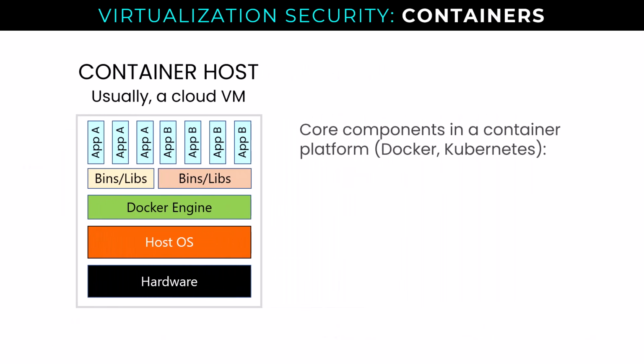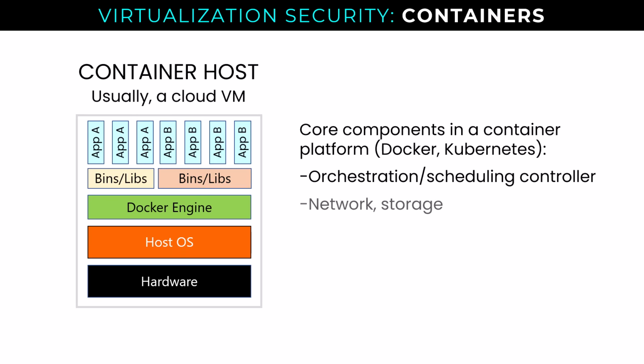And to unpack that just a bit further, the core components in a container platform like Docker or Kubernetes will include orchestration, a scheduling controller, network and storage, a container host, which is a virtual machine, container images. Think of container images as the equivalent of a VM template. A container image is to a container as a VM template is to a virtual machine.